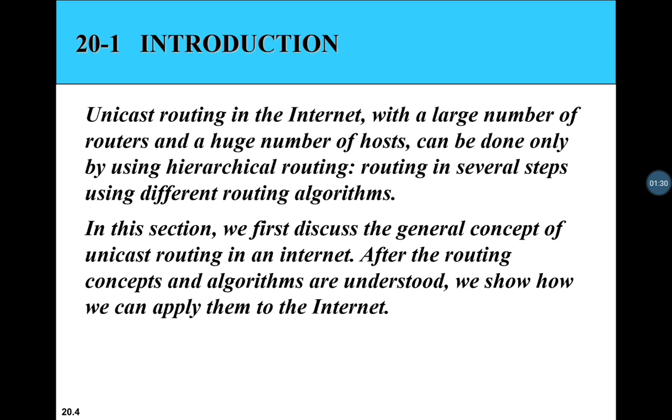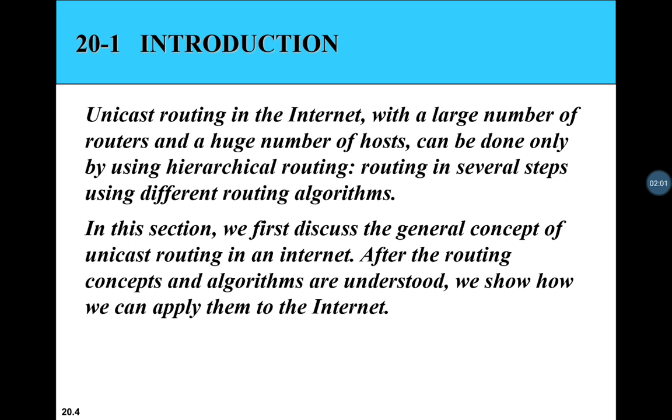Now, what is Unicast routing? As we know, the goal of the network layer is to deliver the datagram or the packets from source to the destination. If this packet or datagram is destined for only one destination, we call it Unicast routing.